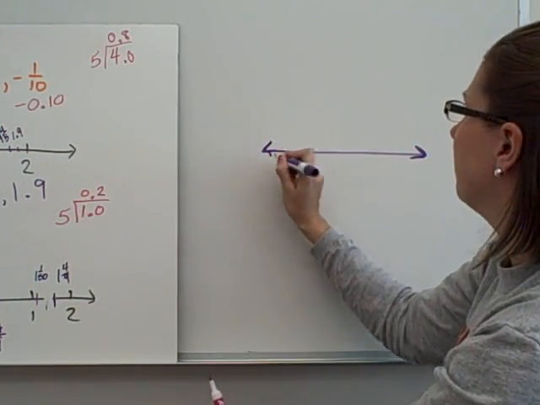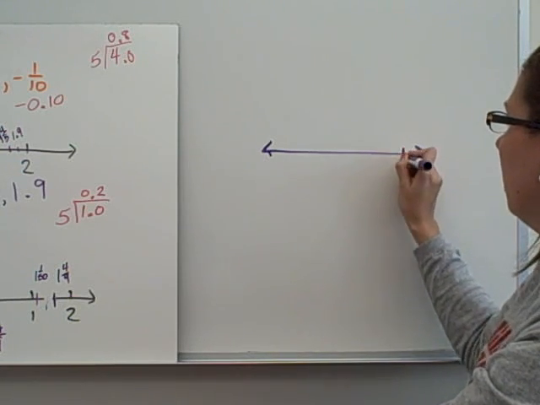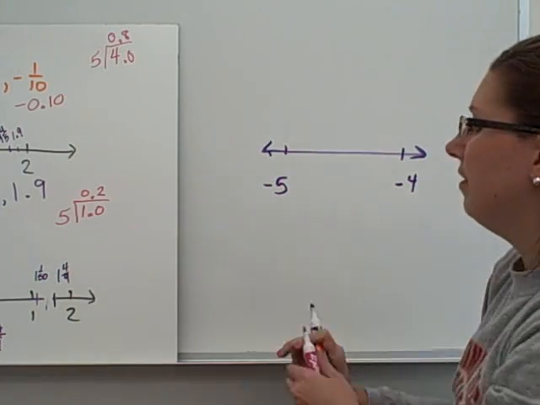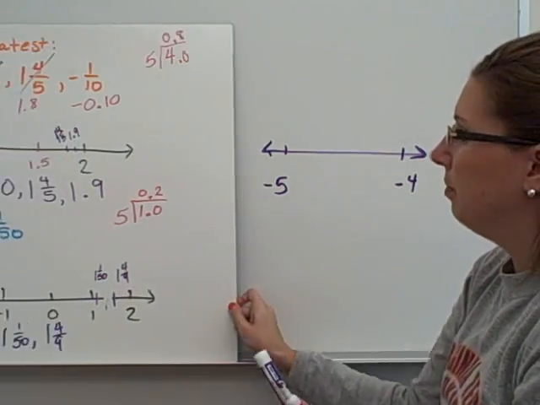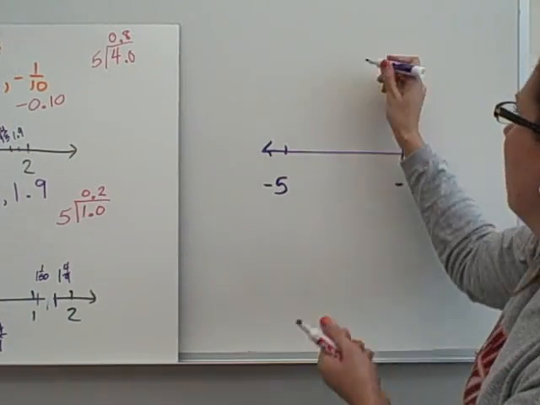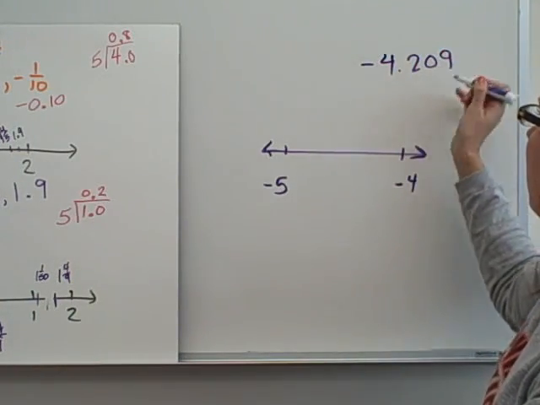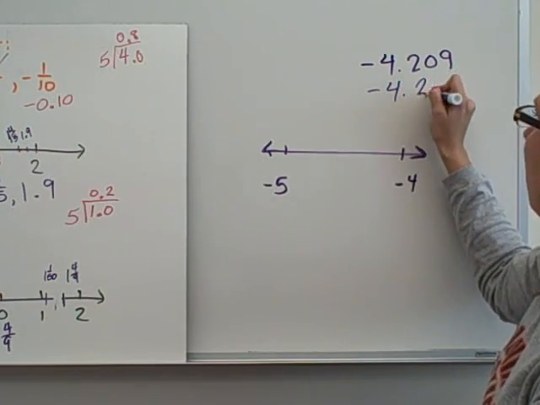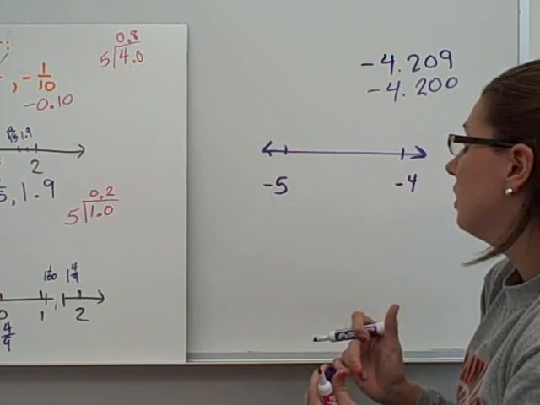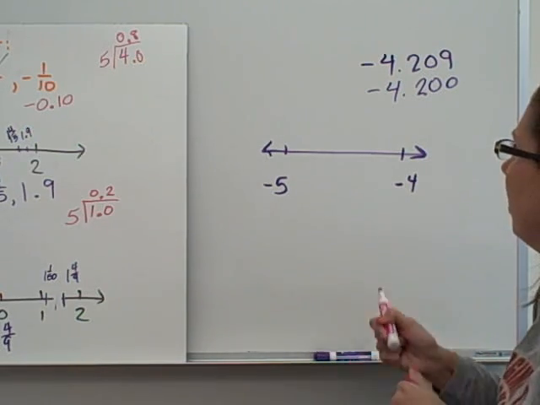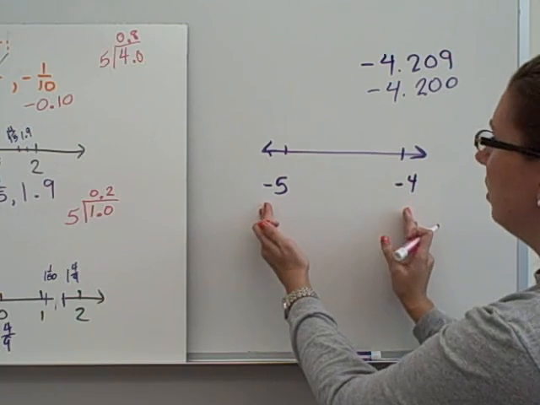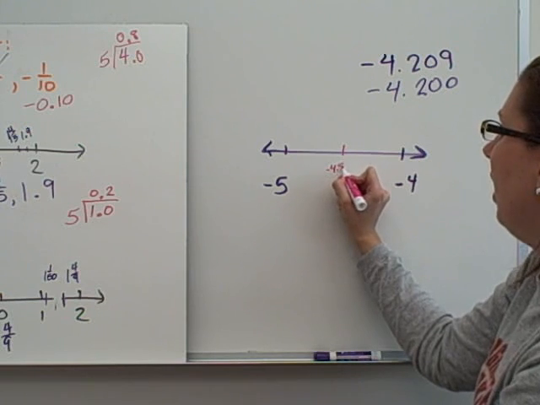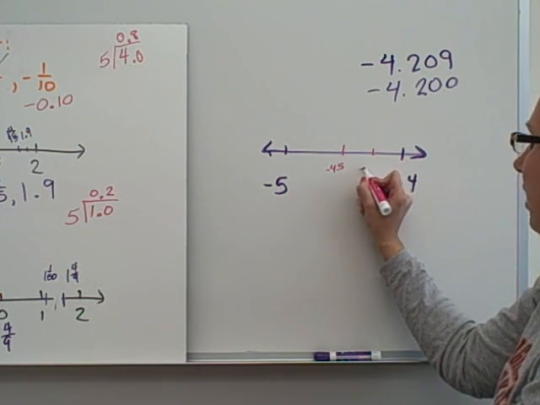If this is the number -4, and this is the number -5, I'm comparing the decimals -4.209 with -4.2. Like I did earlier, I tried to cut this number into a half piece, which is -4.5, and then I cut that half into half again.